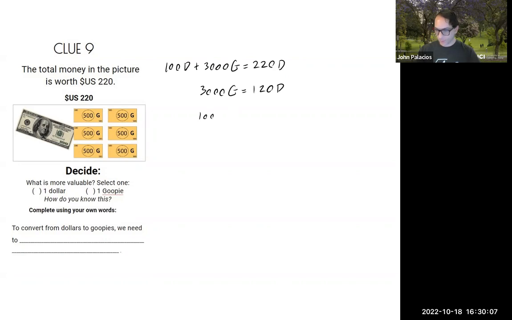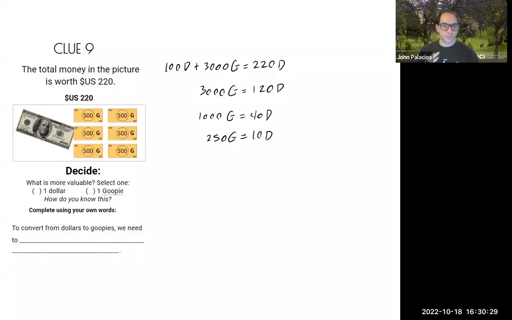So we have 1,000 goopies is equal to $40. Oh, I'm seeing factors of 4 on both sides. 500, 250. So we have 250 goopies is equal to $10.